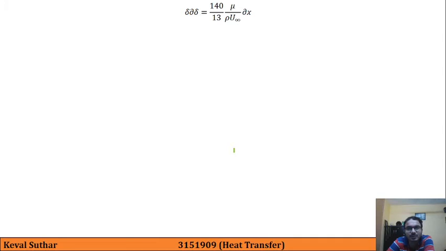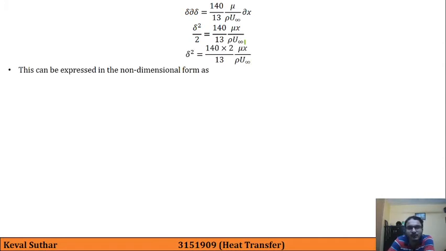The same formula is written again, and once we integrate this, the final equation will be like this, that is delta square by 2 is equal to 140 by 13 mu x upon rho u infinity. So we can obtain this in non-dimensional form like this.